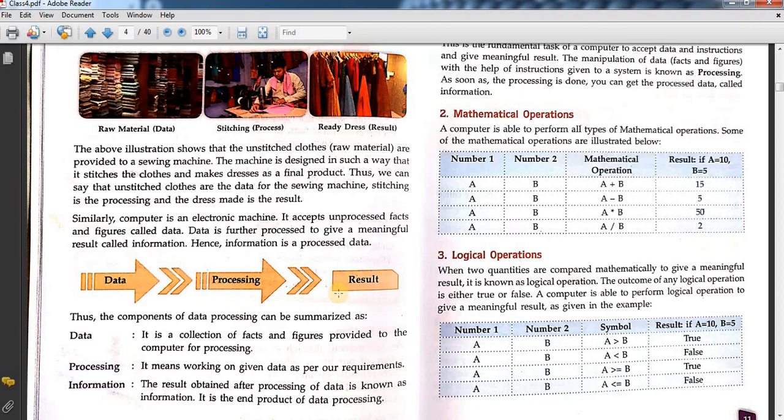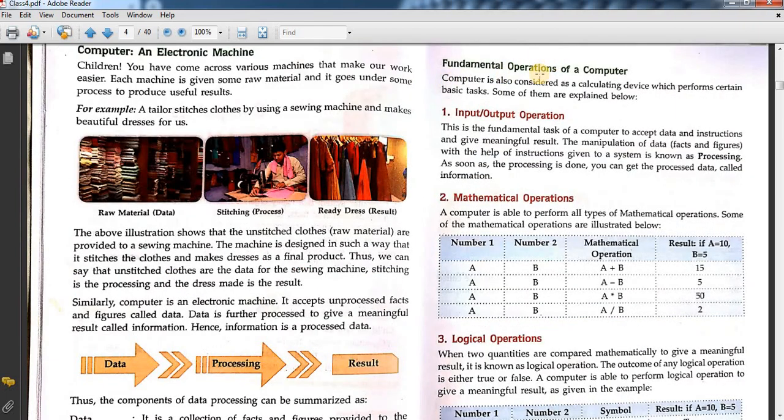In this case 2 and 3 are the data. Then the computer is adding 2 and 3, that is processing. Now the final output or result, that is 5, is known as information. So this is the cycle. First we give the data, then the computer will process it, then accordingly it will give you the information.